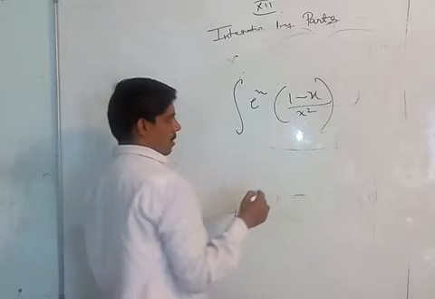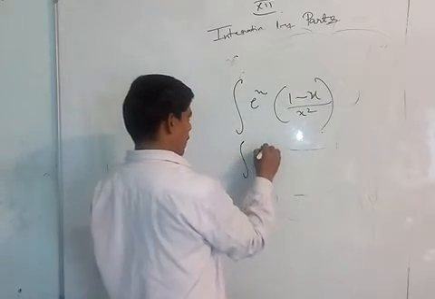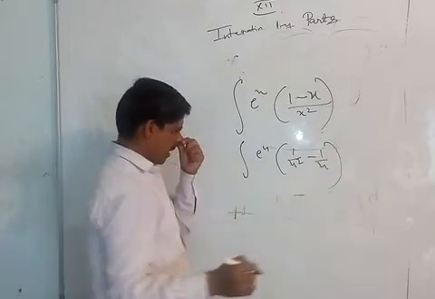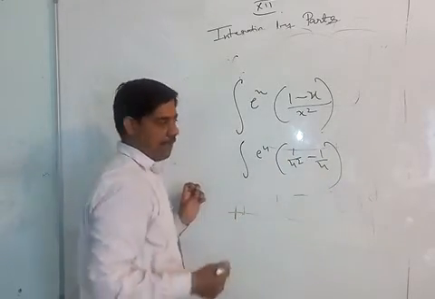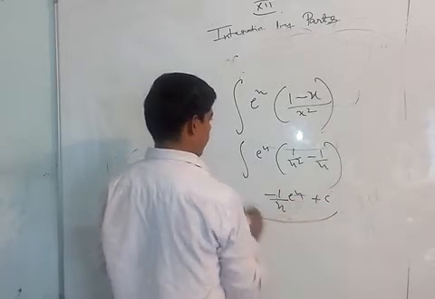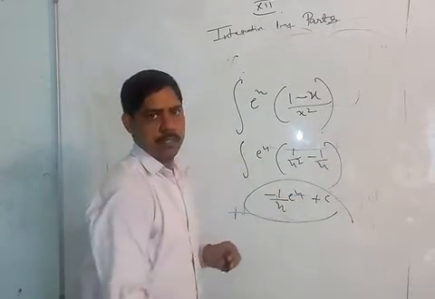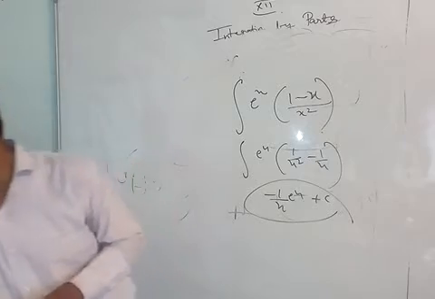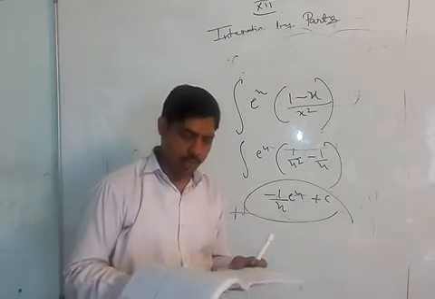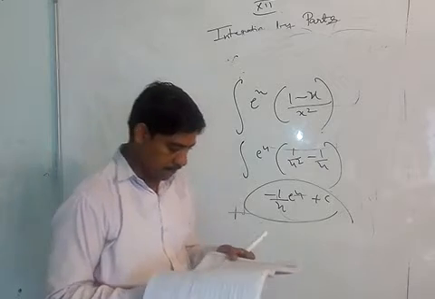For example, in this question we can write e to the power x, 1 upon x square minus 1 by x. So we can take minus 1 upon x as f(x). So the answer will be minus 1 upon x e to the power x plus c. So this is how you have to use this property, right? And these properties are given in the questions also. You can directly use them.